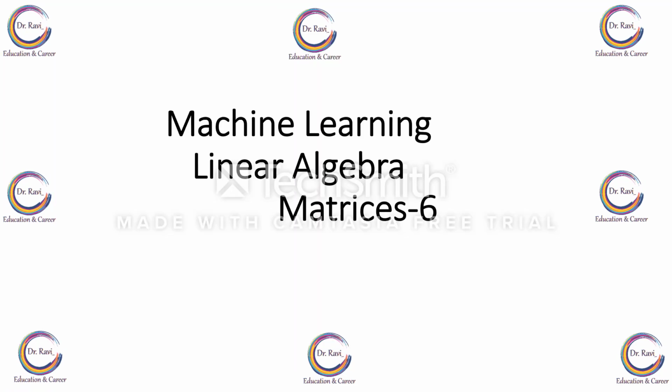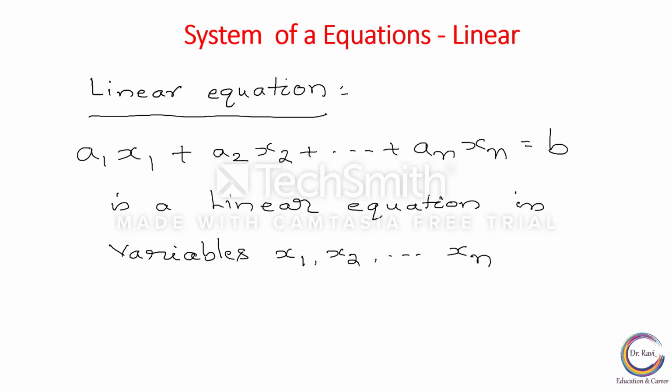So in this video we'll discuss the system of equations under matrices as a part of linear algebra. We'll begin with a definition, that is, a linear equation. So what is a linear equation?